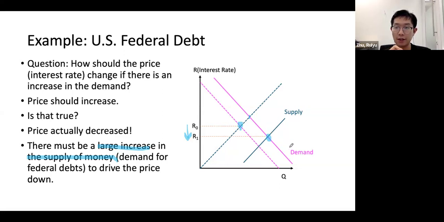And at the same time, we see a large demand for bonds, or large supply of money, by either the Federal Reserve or other foreign countries, right? So that increase is large enough to drive the price down. That's why we see a decrease in the interest rate after the crisis.